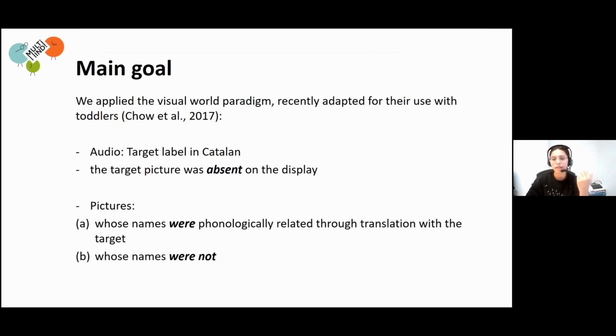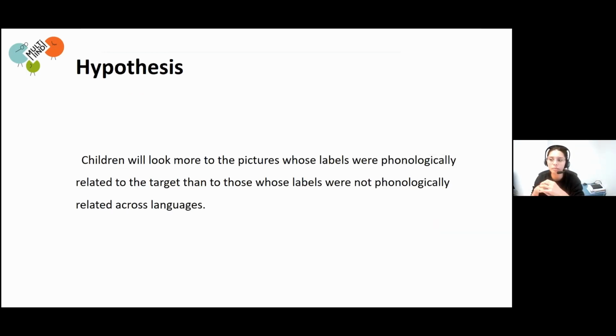The hypothesis is that children will look more to the pictures that share this phonological information with the absent target, and overall they will look less to the phonologically unrelated pictures. I will give you an example later.